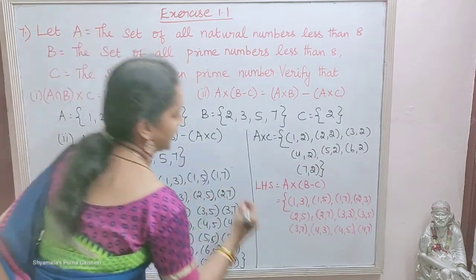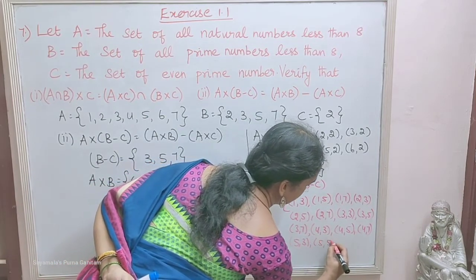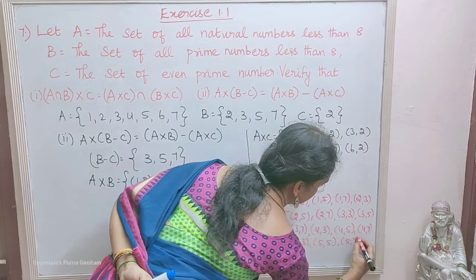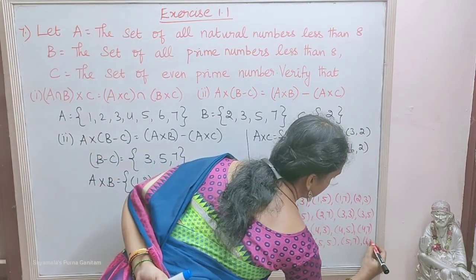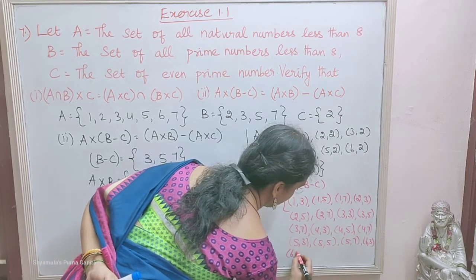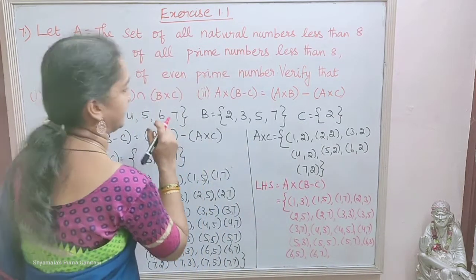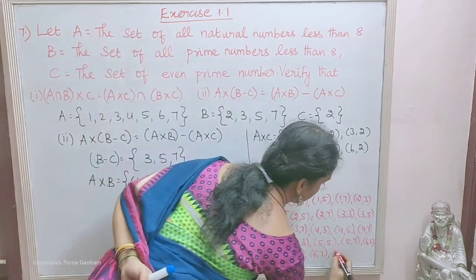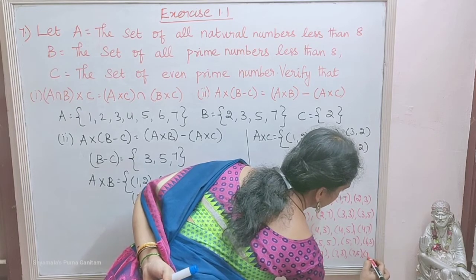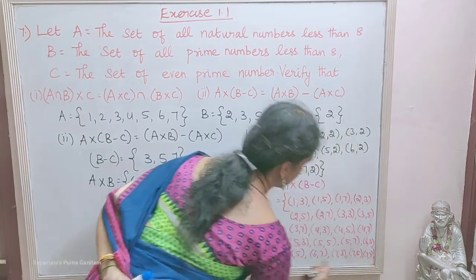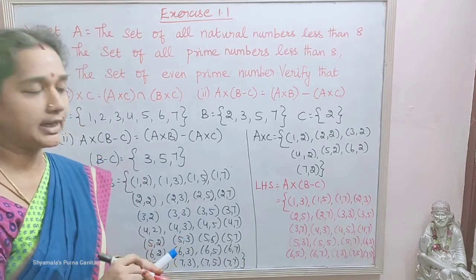Then 5: 5, 3; 5, 5; 5, 7. Then 6: 6, 3; 6, 5; 6, 7. Then 7: 7, 3; 7, 5; 7, 7. So this is the LHS value. This much you will get for LHS.